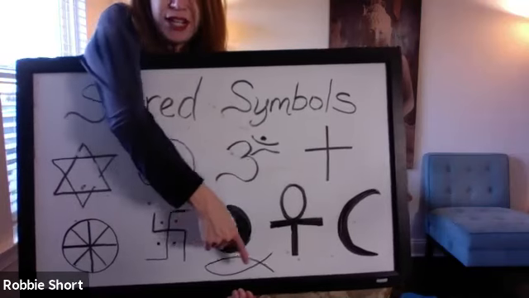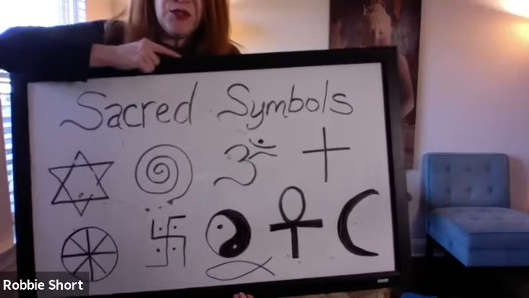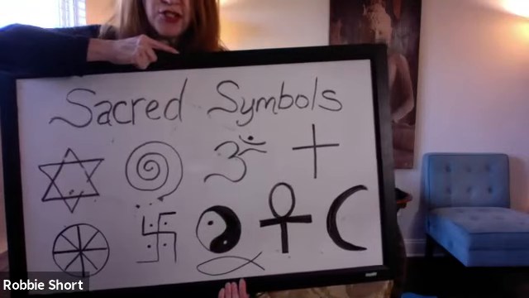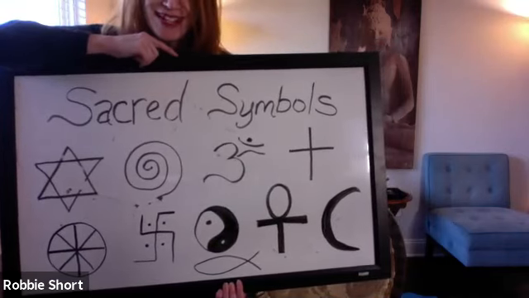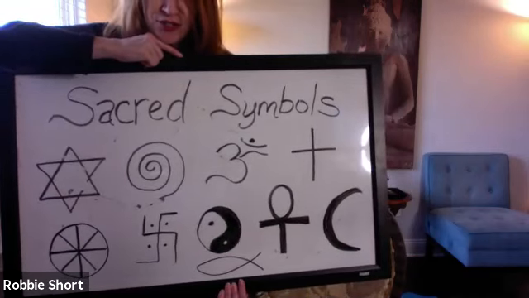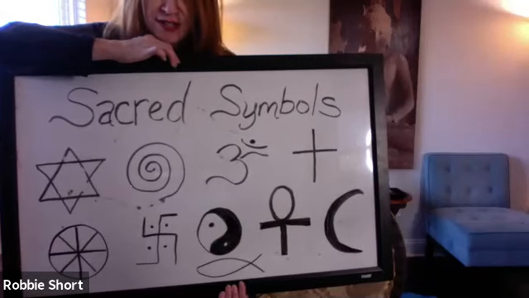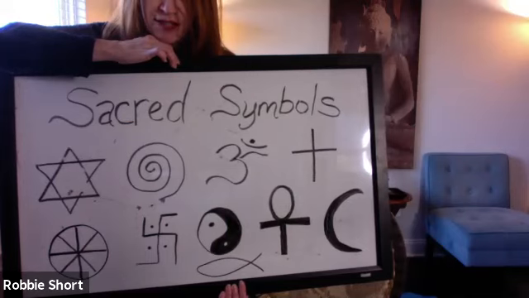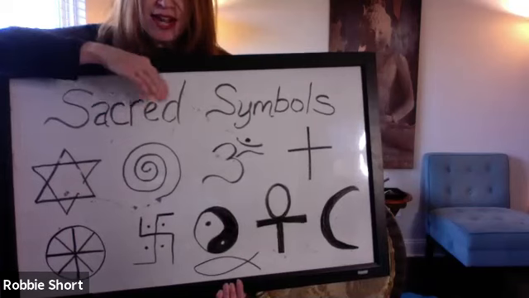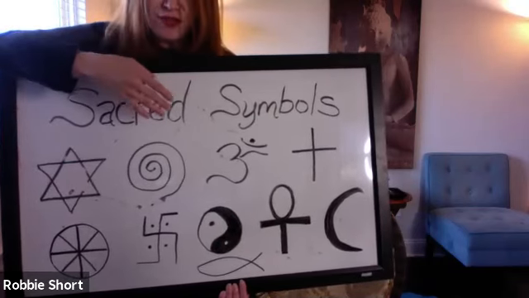Now look at the fish. If that wasn't cut off, it would be very similar to the sign of infinity, which is another sacred symbol. The fish was adopted by Christianity, but it actually predates Christianity. I don't know if you've ever studied Joseph Campbell and the hero's journey, but his writings are about different cultures and myths and how the stories are pretty congruent and that we're more similar than different.